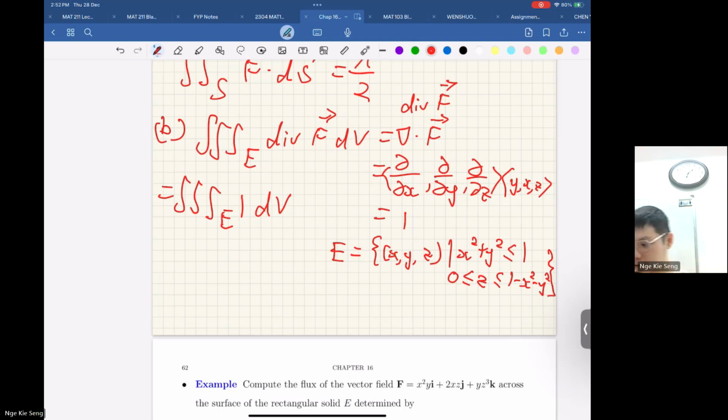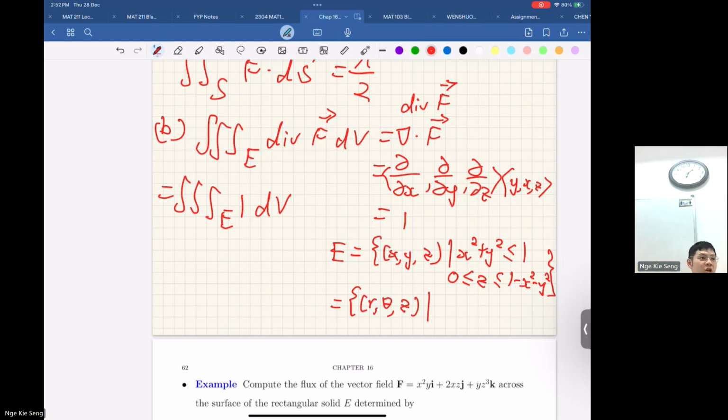So this is quite hard to integrate, right? Can we change to some convenient coordinate? There's a circle here, with some height. We can try cylindrical. How is cylindrical helpful?